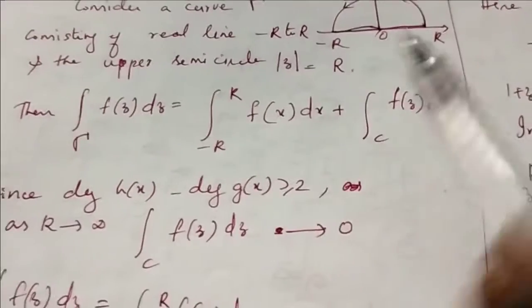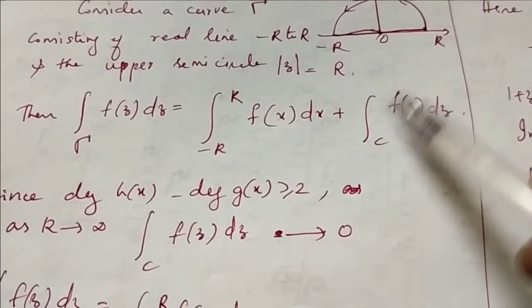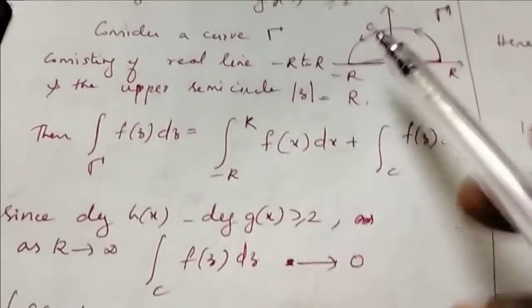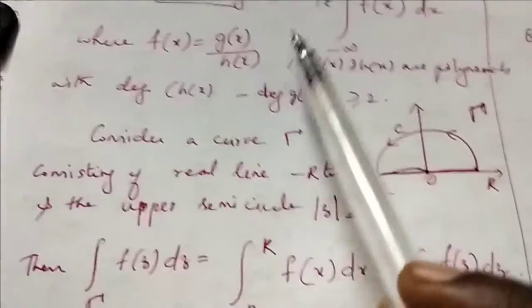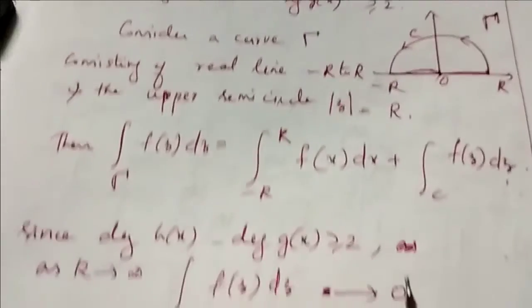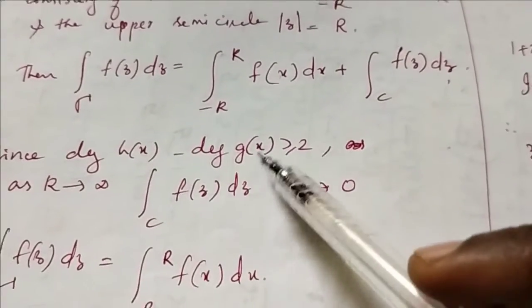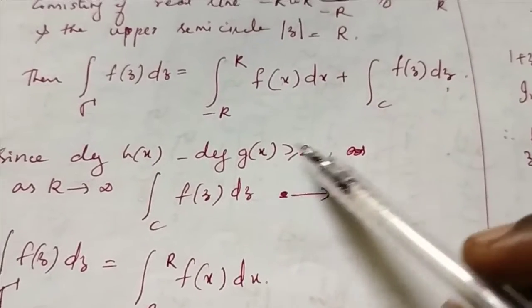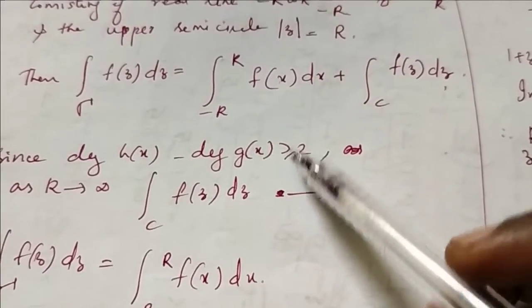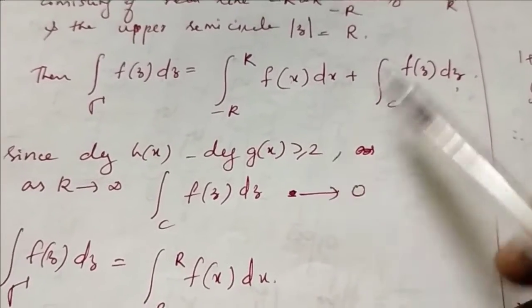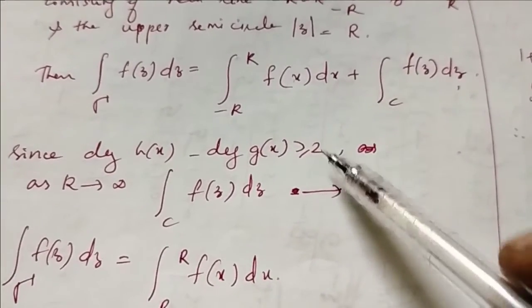And what about this integral over C of f of z dz? Since f of x is a quotient g of x by h of x with degree of h of x minus degree of g of x greater than or equal to 2, the denominator always has a degree at least 2 more than that of the numerator.